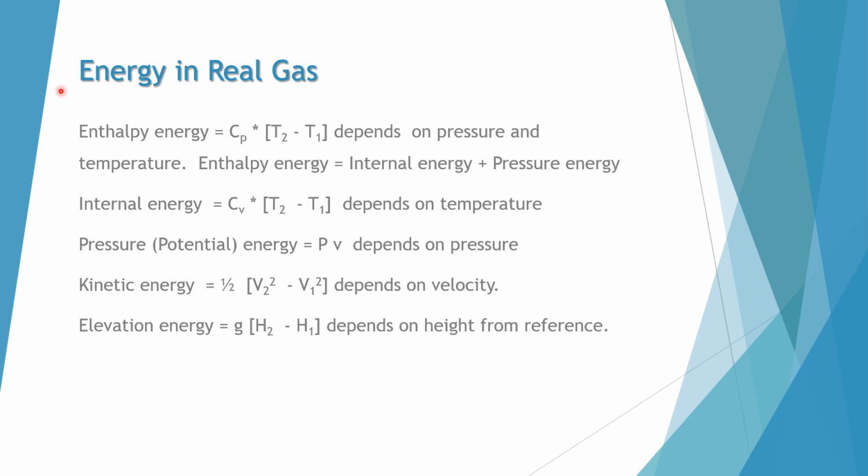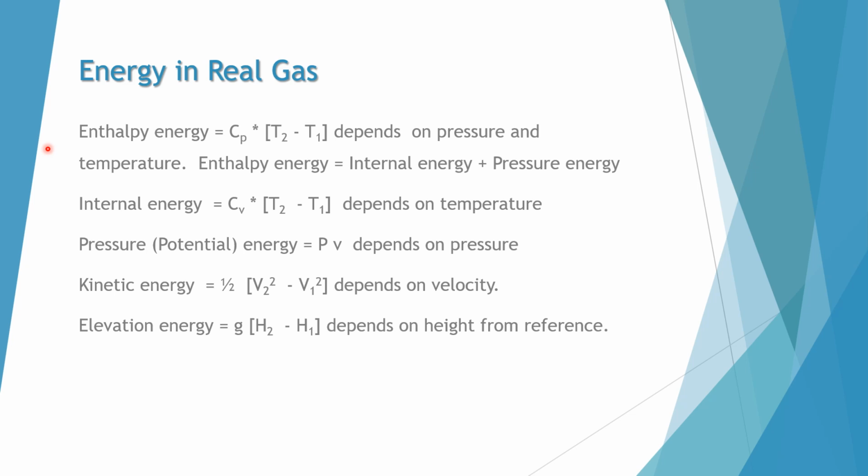Energy in real gas. Enthalpy energy is equal to Cp into (T2 minus T1), depends on pressure and temperature, and enthalpy energy is also expressed as the summation of internal energy plus pressure energy.